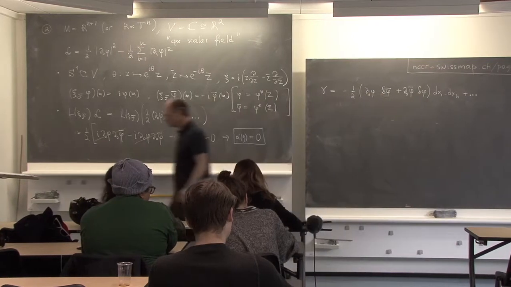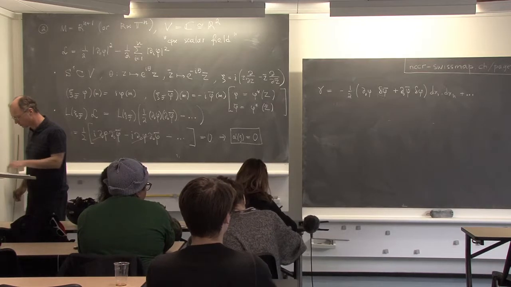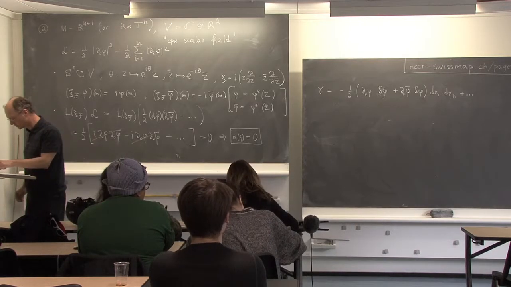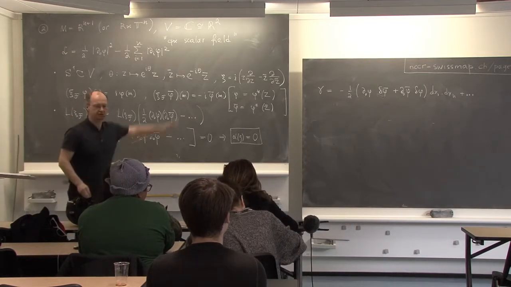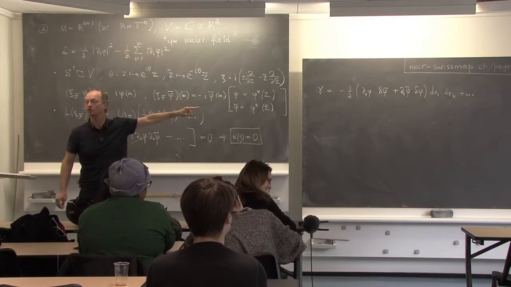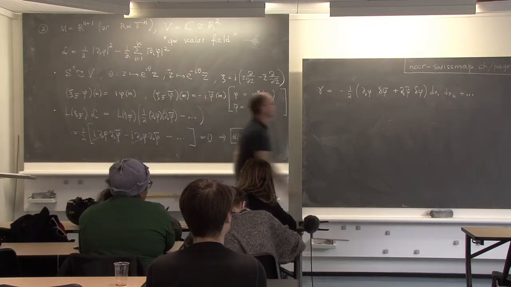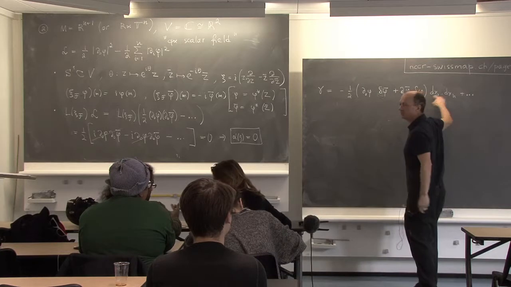I hope I computed it correctly, but by now you're probably better specialists of those gammas than I am. So I computed the gamma according to our recipe, and that's what I got, plus other terms which contain other dx1, dxn's.